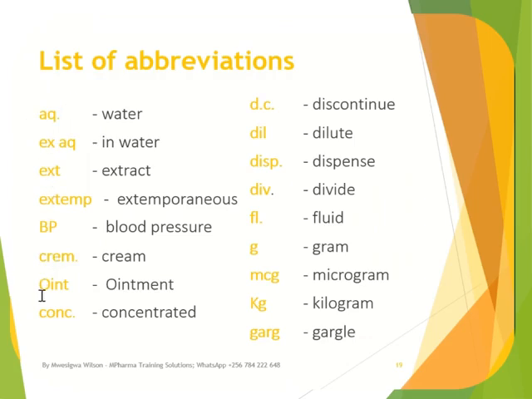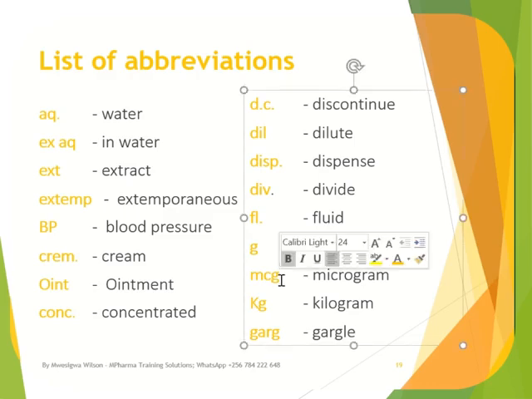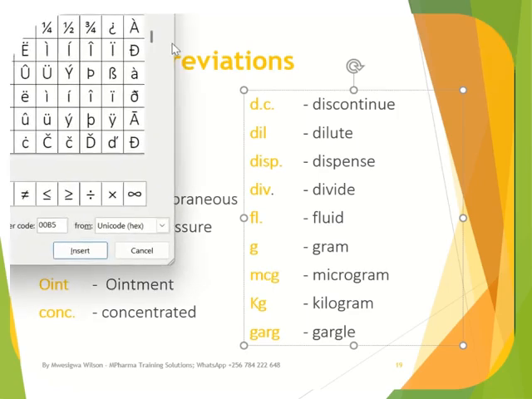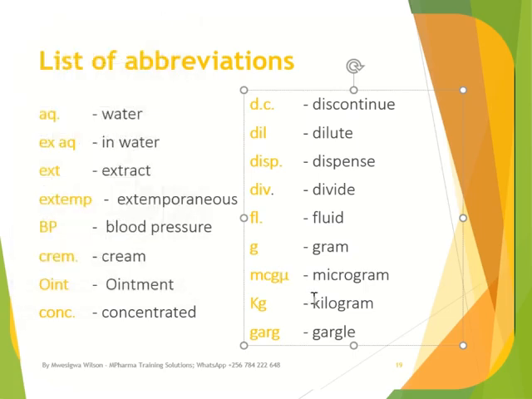I have a few here: ointment; BP, blood pressure, just English; cream; conc, concentrated; DC, discontinued; dilute; divide; dispense; g, gram, which is important for the strength of the active ingredient; microgram, mcg, or sometimes it has that symbol.